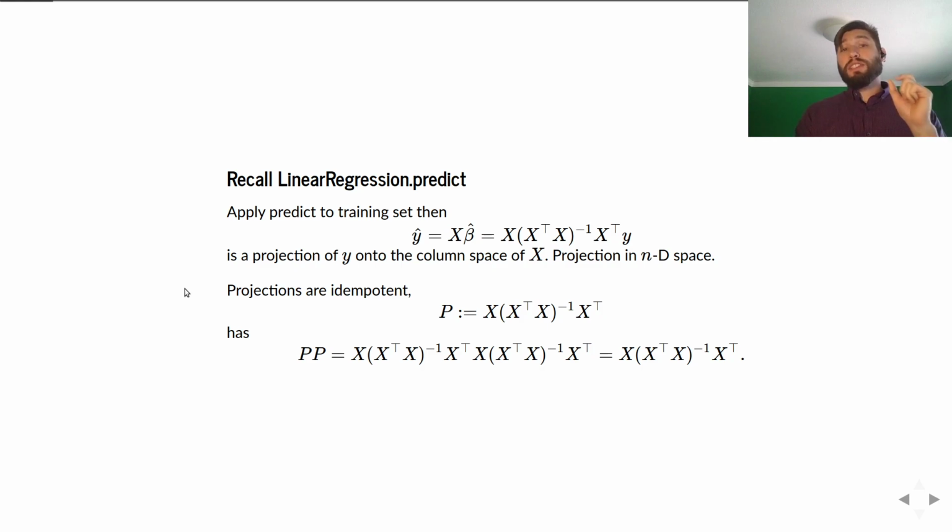If we apply predict to the training set, then our Y hat, which we think of now as a vector, is just equal to our X times beta hat, right? And we can write this out. This is standard linear models methodology.